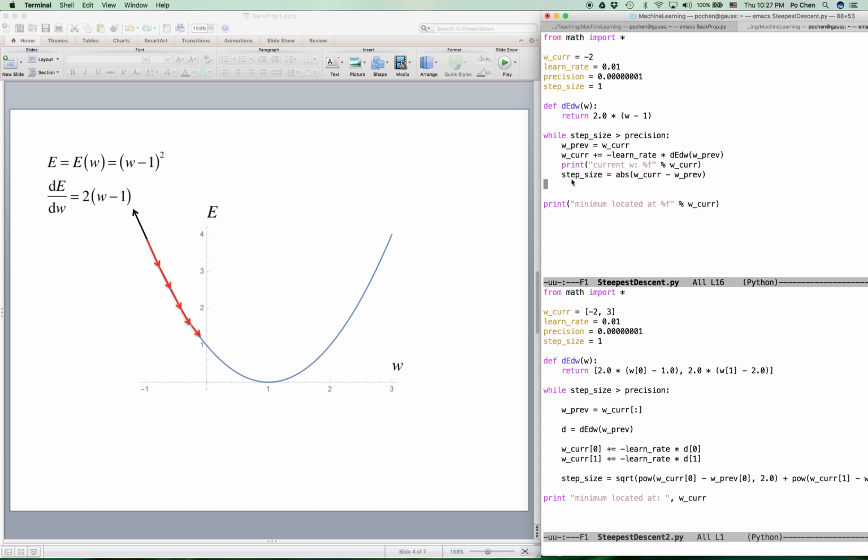So if we look at this particular loop, the learn rate is a fixed value, 0.01. This value doesn't change inside the loop.